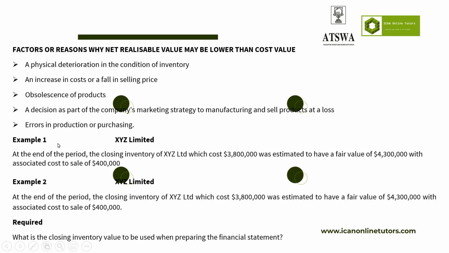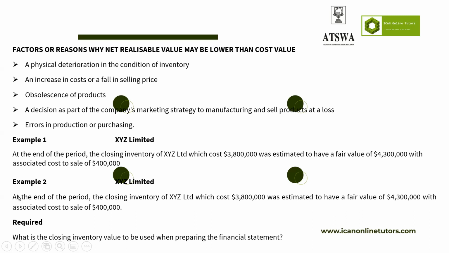Let's take a look at some examples. At the end of the reporting period, the closing inventory of XYZ Limited cost $3.8 million, was estimated to have a fair value of $4.3 million with associated cost to sell of $400,000. That is example one. Example two.